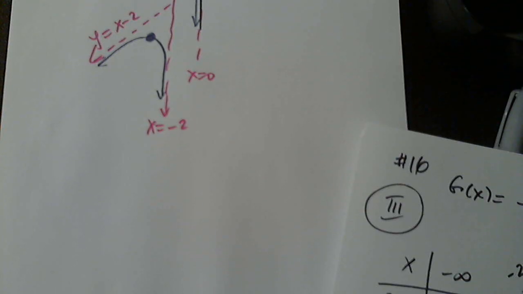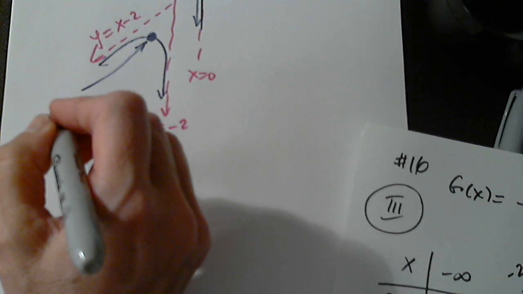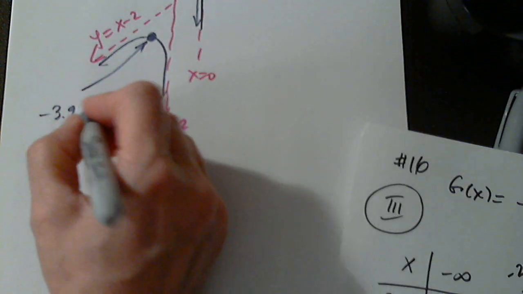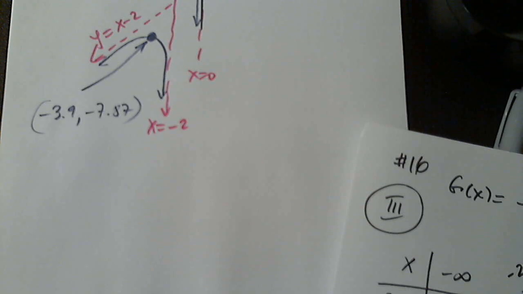I'm just going to move it, make sure I move it past. Okay, and I have the maximum now. And that is at -3.9. So this point, -3.9, comma, -7.87.